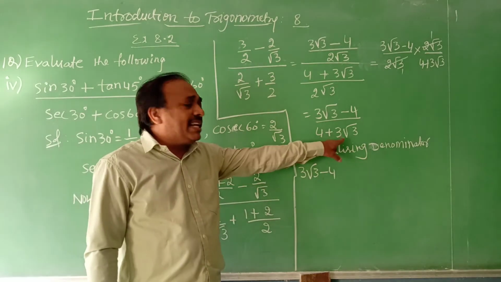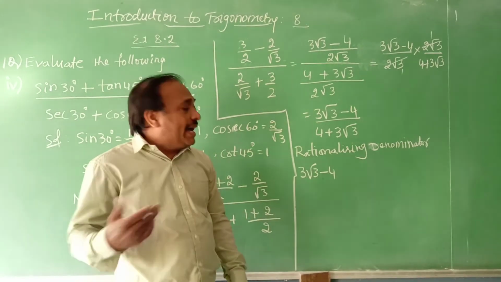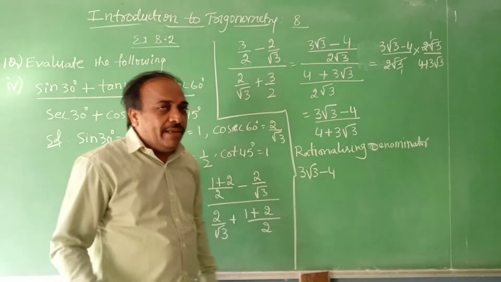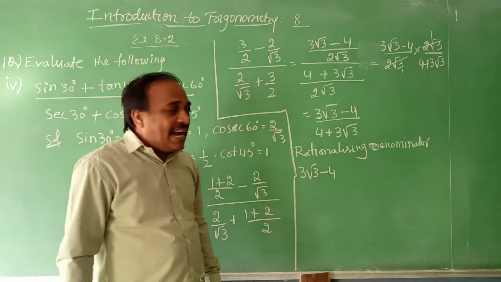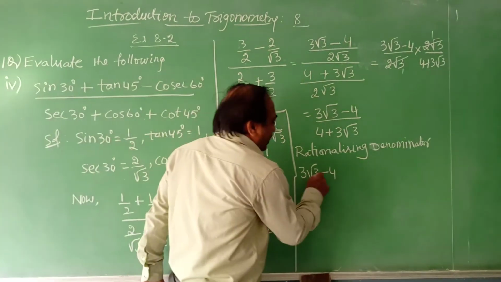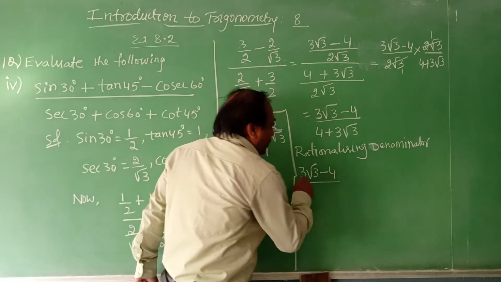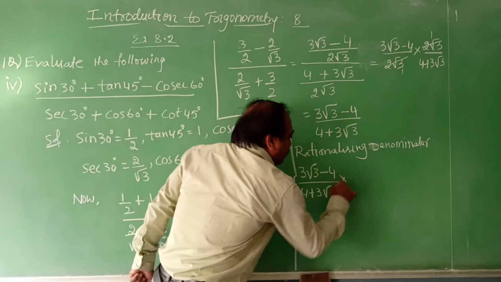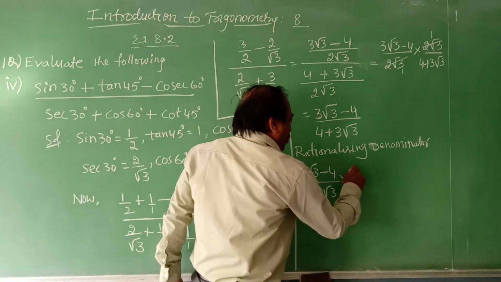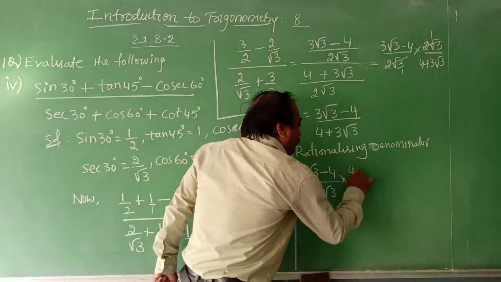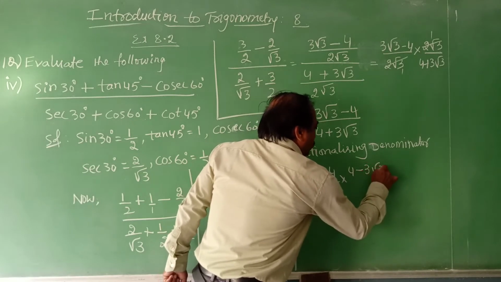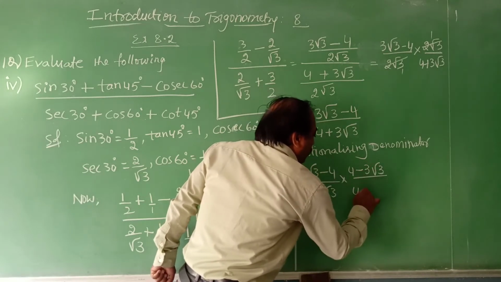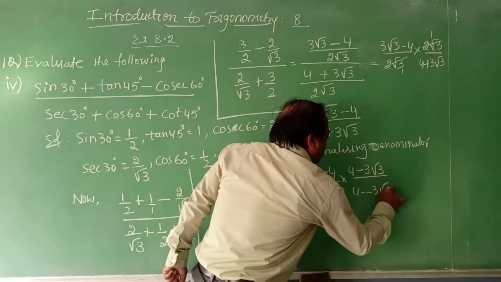So 4 plus 3 root 3. For that, the opposite sign, 4 minus 3 root 3, you will multiply both numerator and denominator. So 3 root 3 minus 4 by 4 plus 3 root 3. Now we are multiplying with 4 minus 3 root 3 by 4 minus 3 root 3.